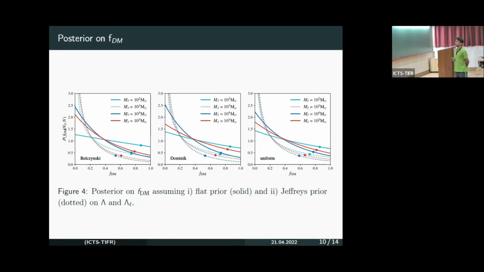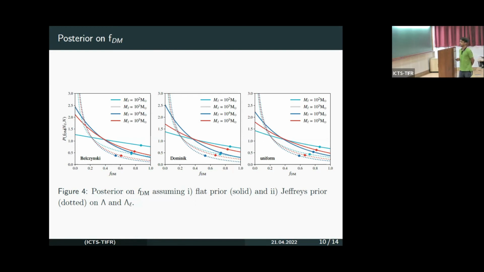The solid line corresponds to the choice of your flat prior, and the dotted lines correspond to the choice of your Jeffreys prior. And again, similarly, the three plots refer to different choices of your source redshift distributions. And here the dotted circles correspond to your 90% upper limit of your FDM.